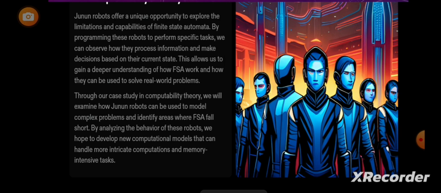Through our case study in computation theory, we will be examining how robotics can be used to model and explain problems and identify areas where FSA falls short. By analyzing the behavior of the robots, we can help develop new computation models that can handle more computation and memory tasks.